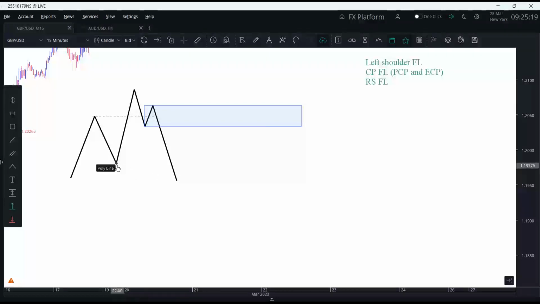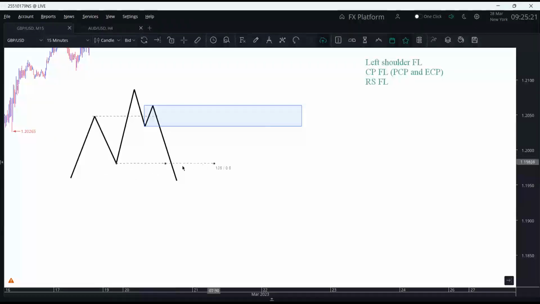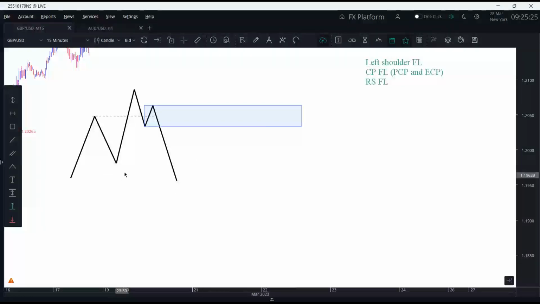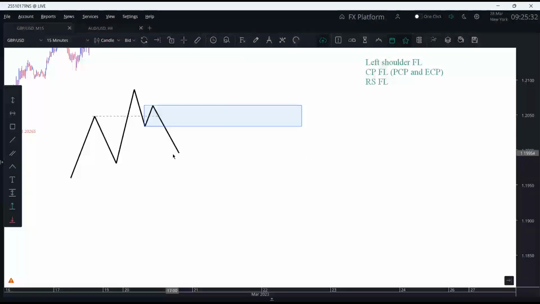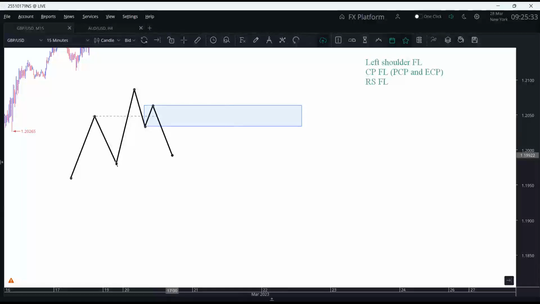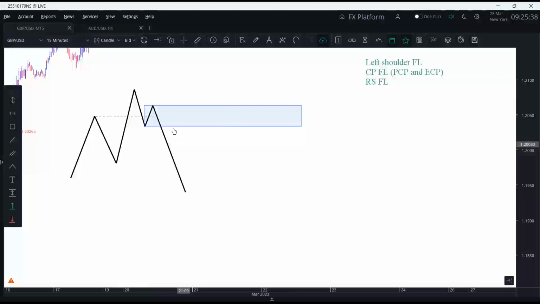But the condition is that it should pass the previous low. It's really important. Here, if price was here, it is not a left shoulder FL. Price should pass this low, and then we call it a left shoulder FL.